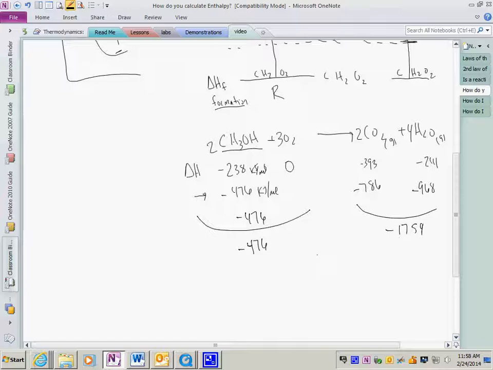Now the difference between the two, just so we're all on the same page: delta H of the reaction equals the sum of the delta H of the products minus the sum of the delta H of the reactants.